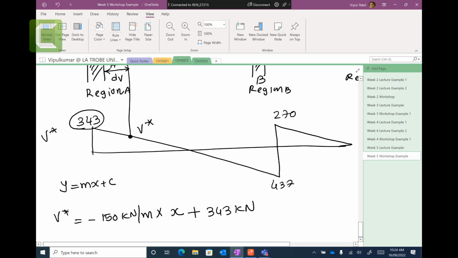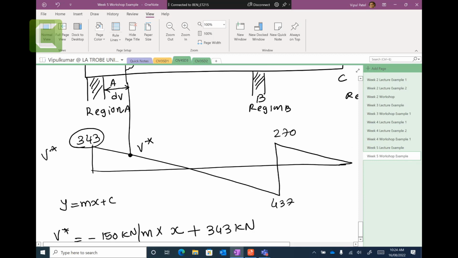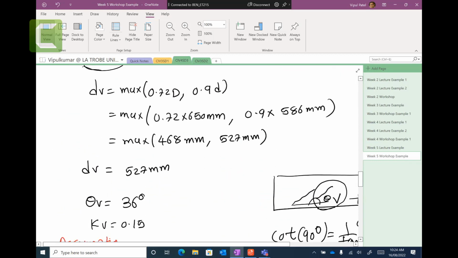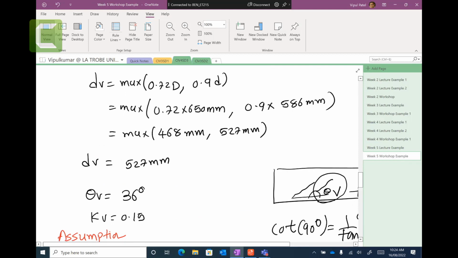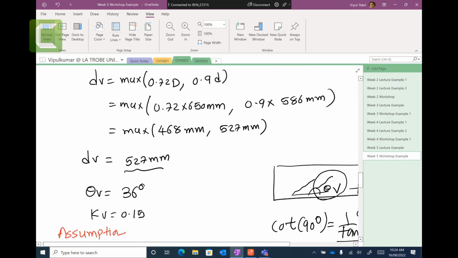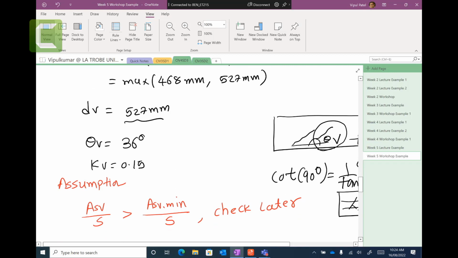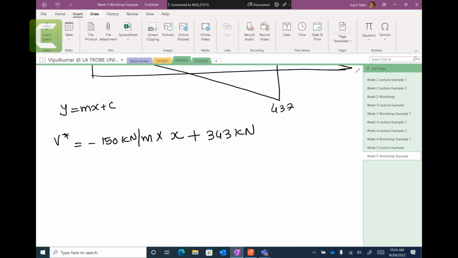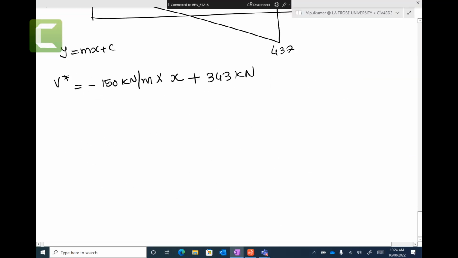Right. So we need to calculate at a distance dv. What was the distance dv, by the way? dv was 537 millimeters. So let's plug in the value dv: minus 150 kilonewton per meter times 0.537 meters.